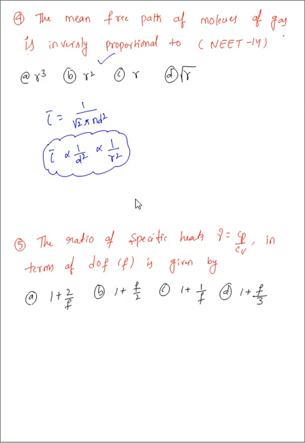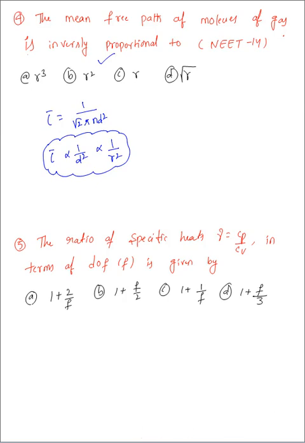In the next question, they are asking: the ratio of specific heats gamma equal to Cp by Cv, in terms of degrees of freedom, is given by? This is also a NEET 2015 question. So gamma value we need to tell in terms of degrees of freedom.